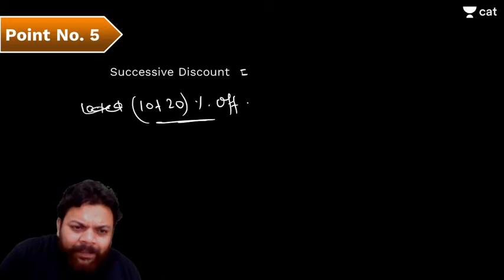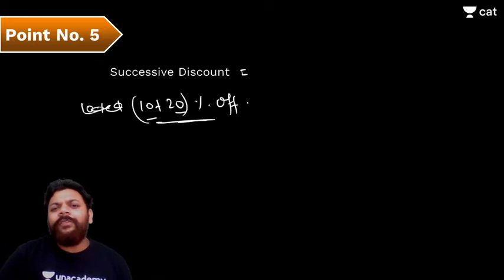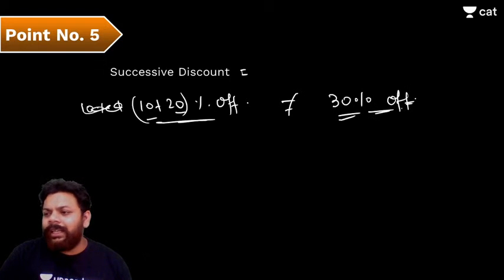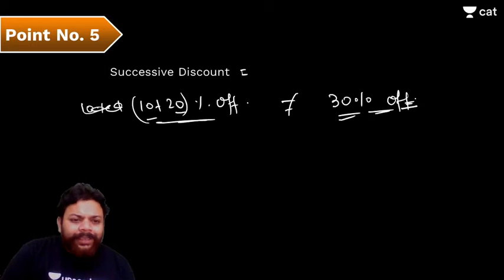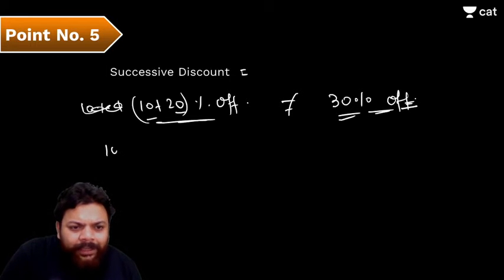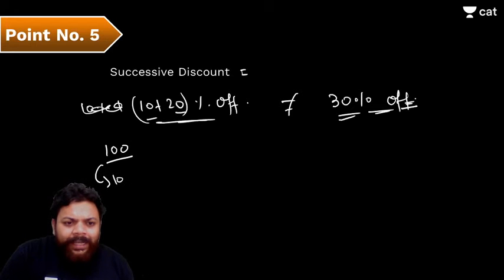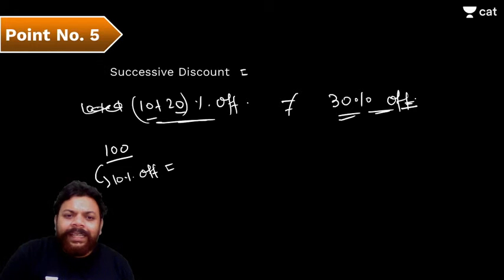So whenever 10 plus 20% off है, that doesn't mean there will be discount of 30% or there will be 30% off. ऐसा नहीं है. So the thing is, if a particular product is of 100 rupees, पहले अगर मैंने 10% off किया है, then definitely price of that one will be 90.